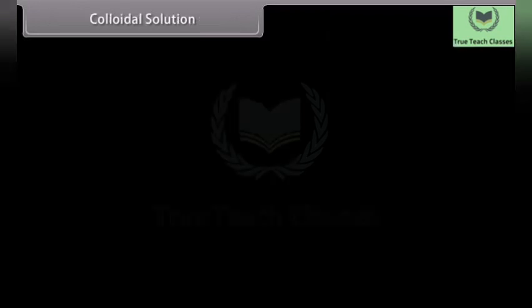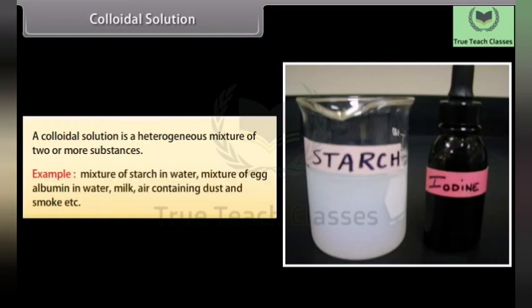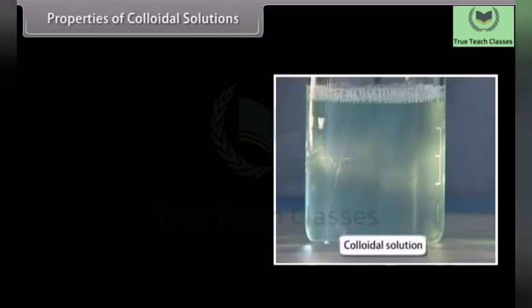Colloidal solution. A colloidal solution is a heterogeneous mixture of two or more substances. For example, mixture of starch in water, mixture of egg albumin in water, milk, air containing dust and smoke, etc. Properties of colloidal solutions.